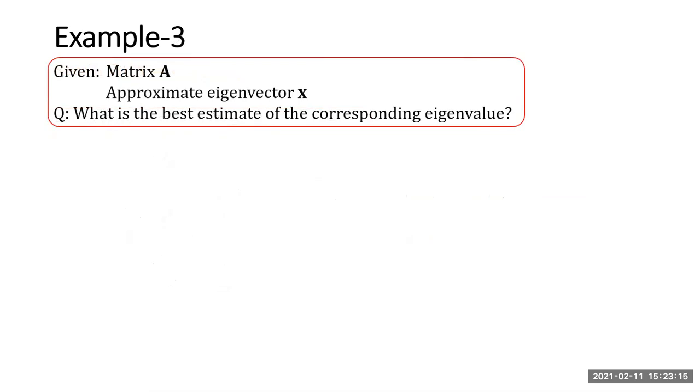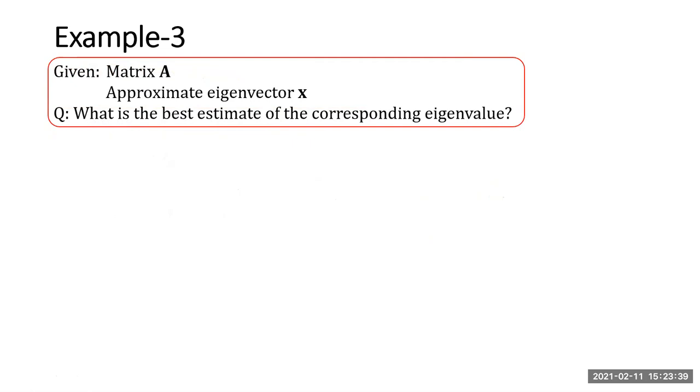Okay. Example 3. We have a matrix A, a square matrix, and we have an approximate eigenvector X. X is not an eigenvector, but it's very, very close to an eigenvector.